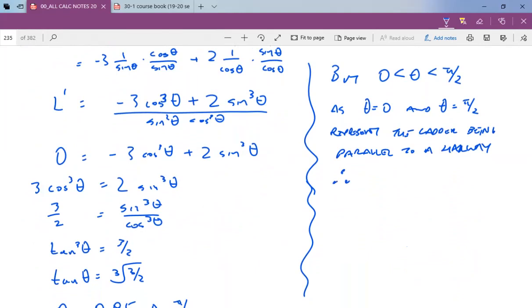Therefore, our critical number is theta equal to 0.85, the cube root of 3/2. Here's 0, here's pi/2. So somewhere in between here is the cube root of 3/2, which is 0.85.